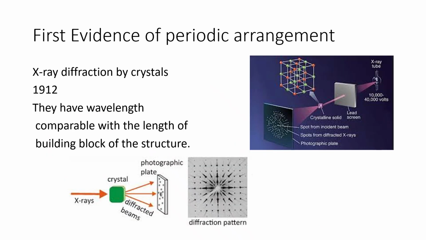It's a thing. And first evidence of periodic arrangement, like who came up with this idea that these solids will have periodic arrangement, or we cannot see this arrangement because it is at the level of atom, and we don't have that kind of powerful microscopes back then. We did not have scanning tunneling microscope as we have now.